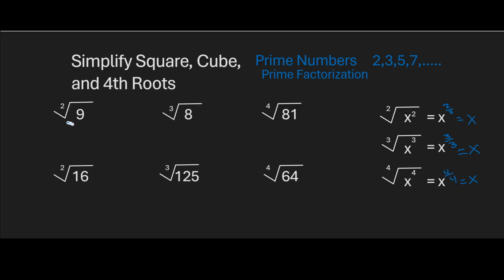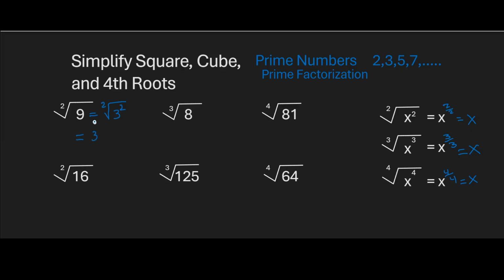Now, look at this number. The exponent that we want to get is a number to the second power. This is a square root. To cancel, we must rewrite number 9, and number 9 has to be a number to the second power, and that is gonna be 3 squared. 3 times 3 is gonna be 9. And now this number 2 is gonna divide the exponent.